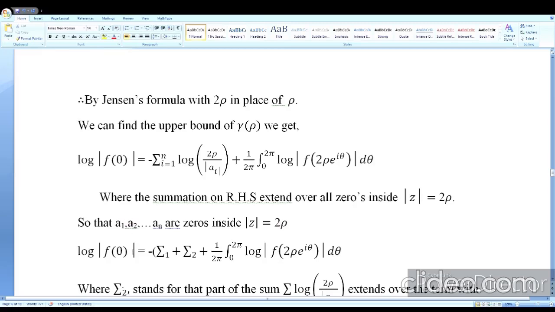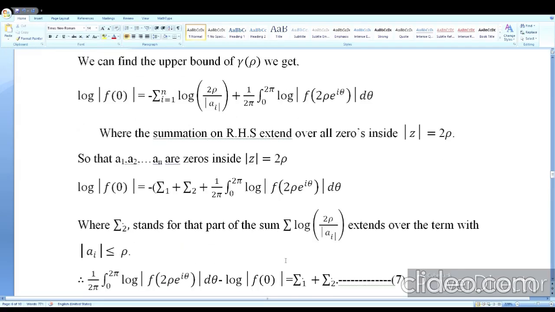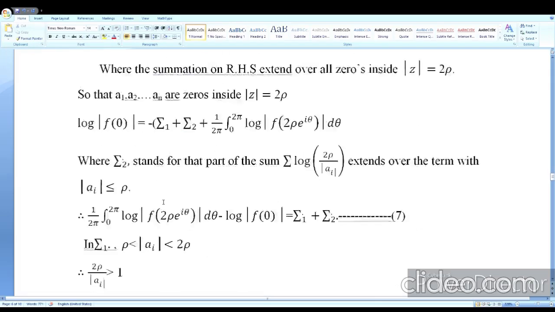Log modulus of f of 0, we split this summation into two summations, summation 1 and summation 2. Summation 2 stands for the summation with the terms modulus of a less than or equal to rho, and summation 1 is for rho less than modulus of a_i less than or equal to 2 rho.